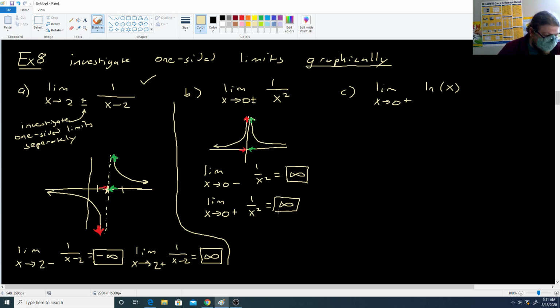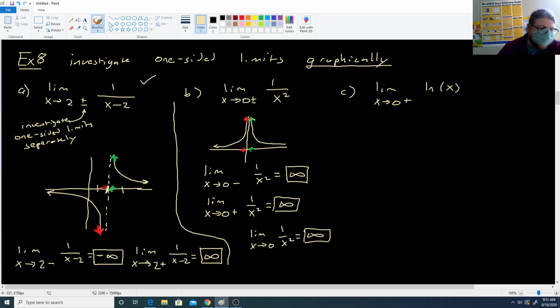You could write this as the limit as x approaches 0 of 1 over x squared is infinity. Even though it's not a true limit, it would be understood that it's approaching infinity from both the left and the right.